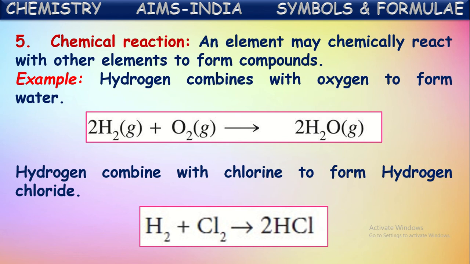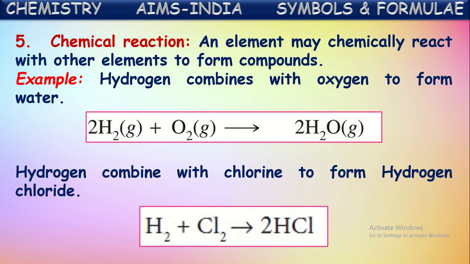They were able to remember those when the number of elements was very low. But as the number of elements discovered increased, it became difficult to remember those symbols. That's why J.J. Berzelius gave a simple method for representing the elements with their symbols, and he put some rules in giving the symbols for the elements.